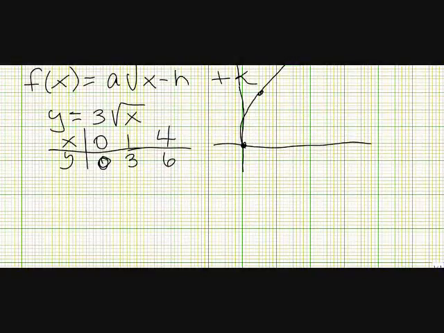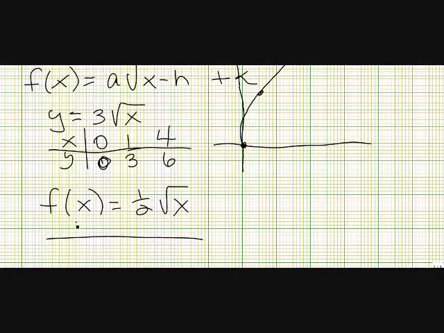Let's see what an a that's small will do. Why don't we do 1/2 times the square root of x? So 0, 1, 4. 1/2 times the square root of 0 is 0. 1/2 times the square root of 1 is 1/2.